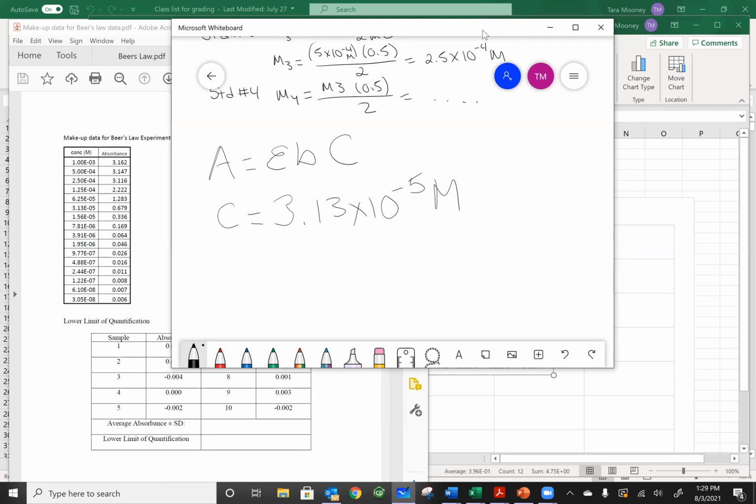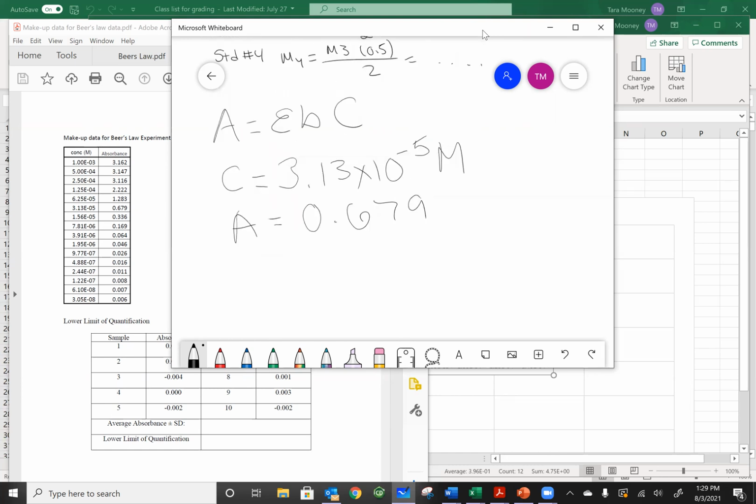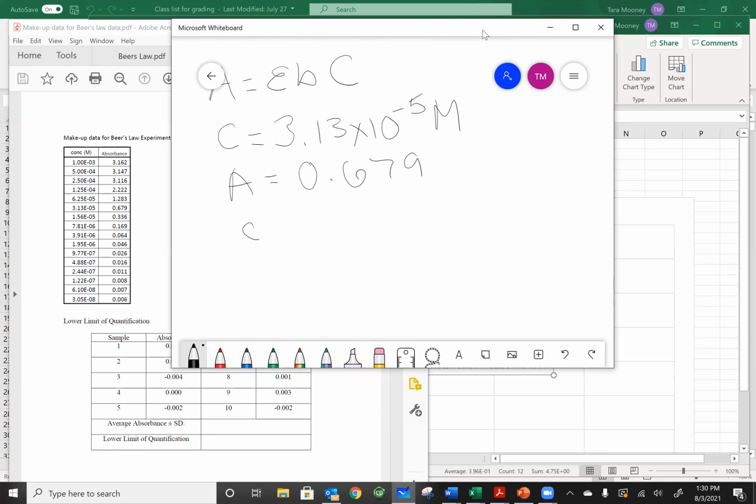So we know that this concentration will be proportional to absorbance. We know for this concentration, the absorbance was 0.679. And path length B is 1 centimeter.